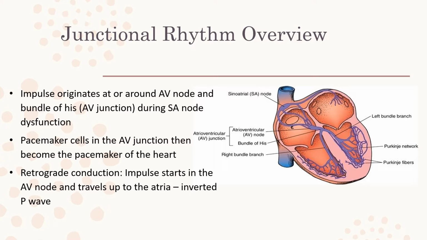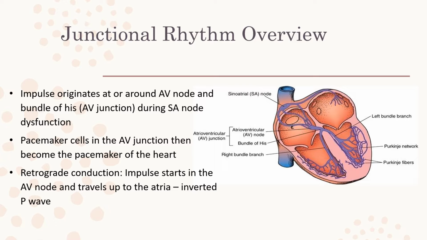Normally, your impulse starts in the SA node and follows the normal pathway to the left atria and the right atria. We have all of these pathways that bring that impulse down to the AV junction, which then holds it and allows for atrial contraction.